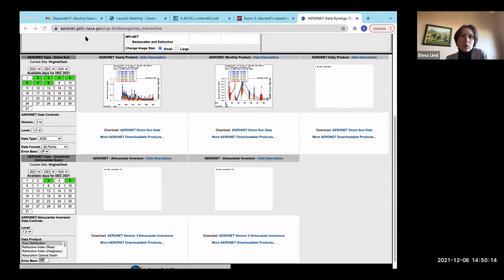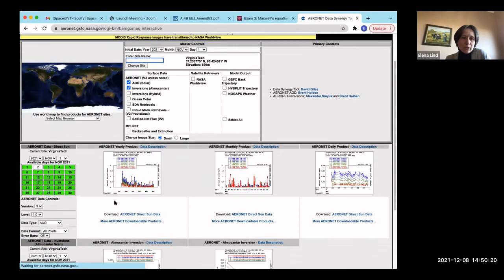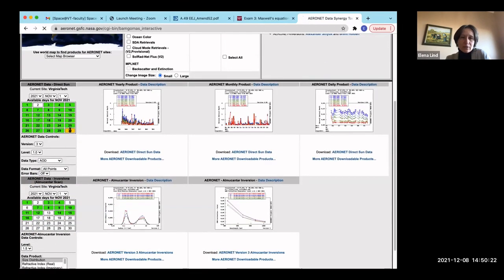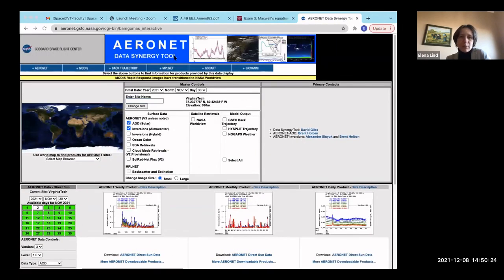And if I look at any specific day, so let's look at November. It was a little bit of a clearer day. For example, if I'm looking at these days, this is how our aerosols look, actually quite low AOD.